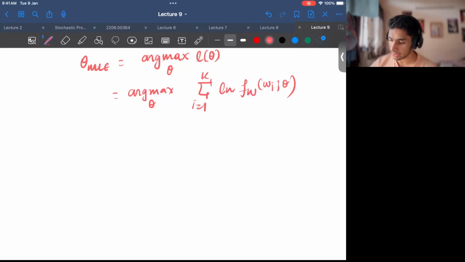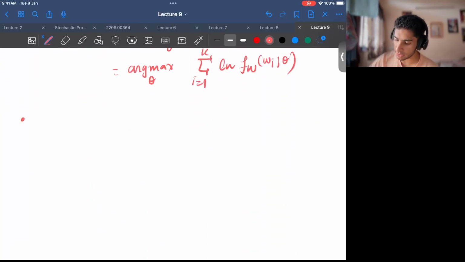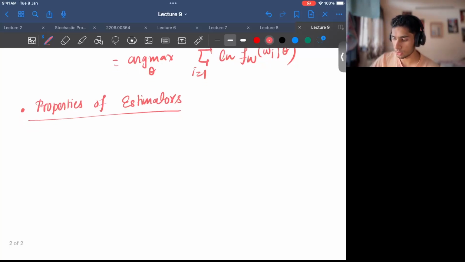So maybe I'll just discuss the properties of estimators. Let's say you have an estimator which is T. Let's say T is an estimator for theta. So theta is a parameter, right?